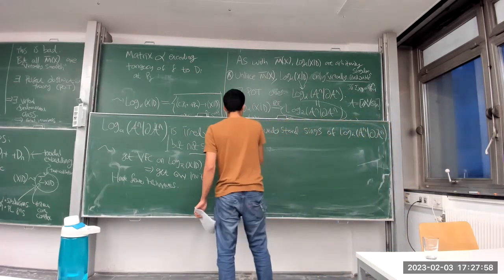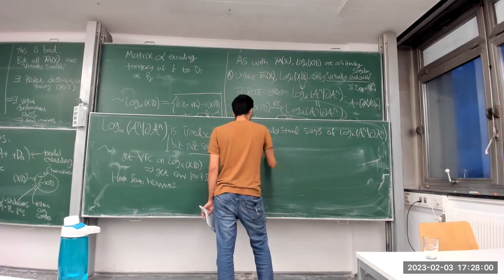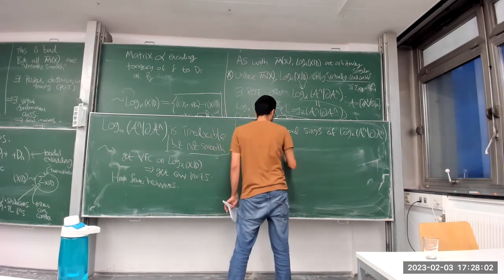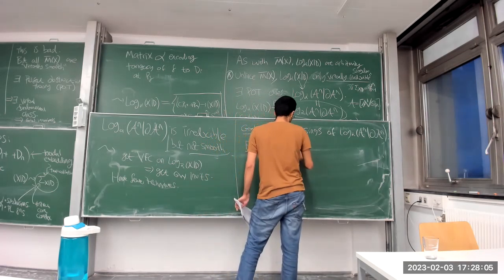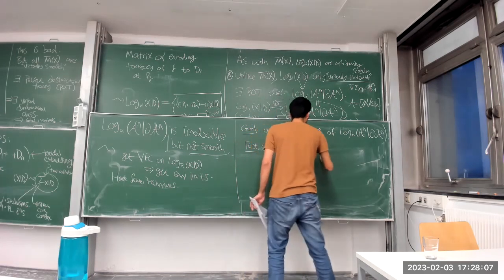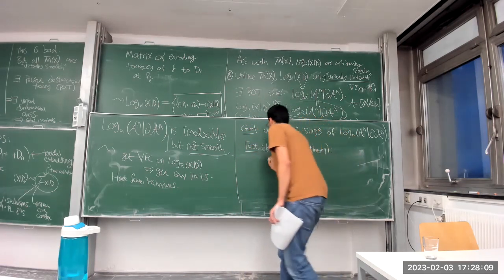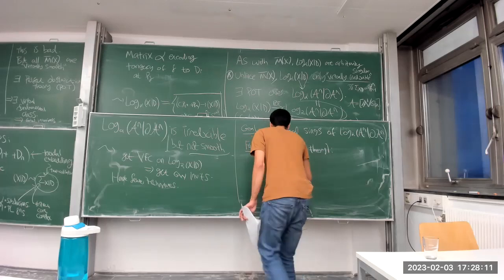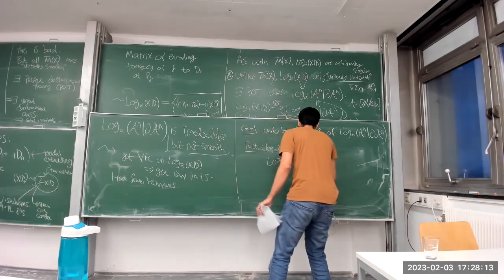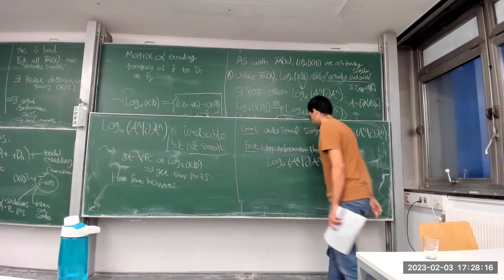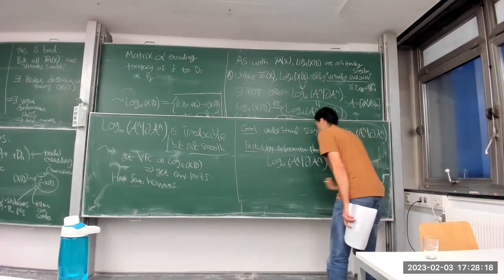So here's a fact, and this really comes from log deformation theory. The fact is that this space is actually itself a toroidal embedding. Roughly speaking, it's a log smooth log stack.